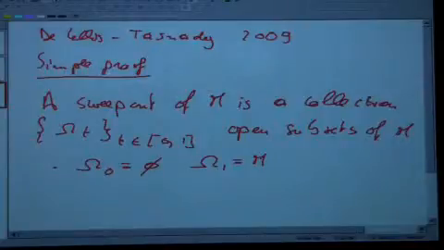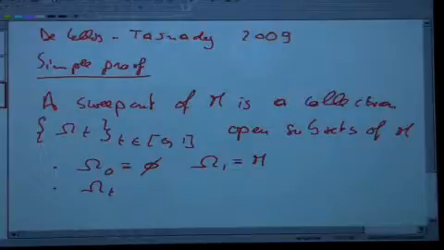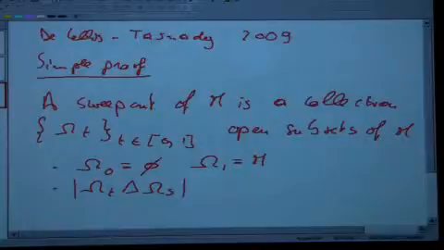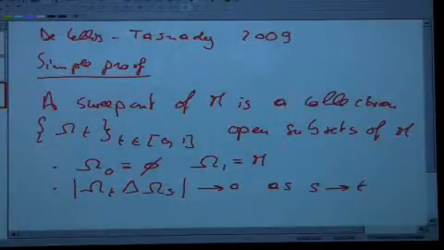The first obvious continuous dependence is that if I look at the symmetric difference between omega t and omega s, the volume of this converges to 0 as s approaches t. So this tells you that the volume of omega t is continuous in the parameter.